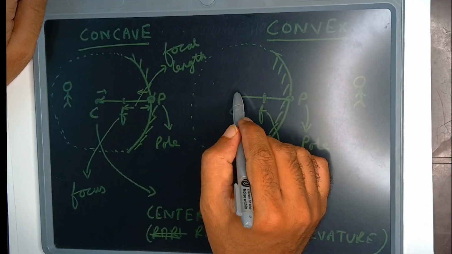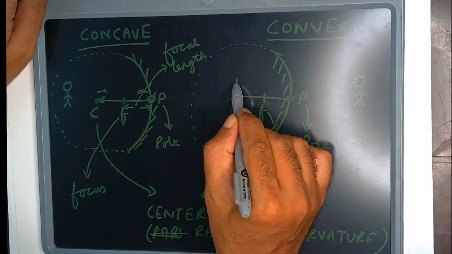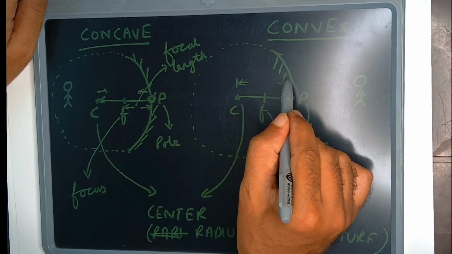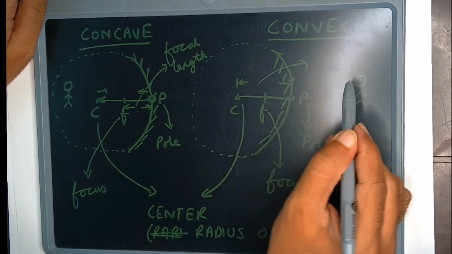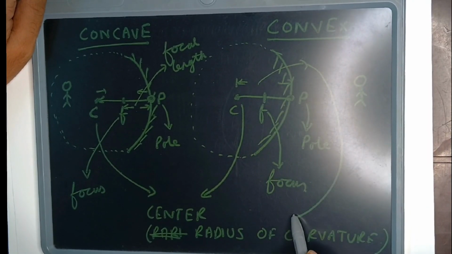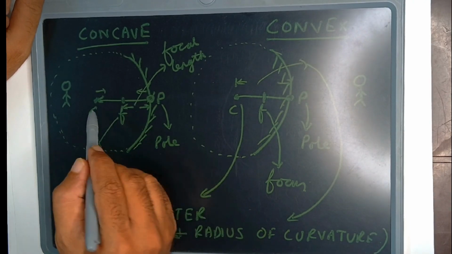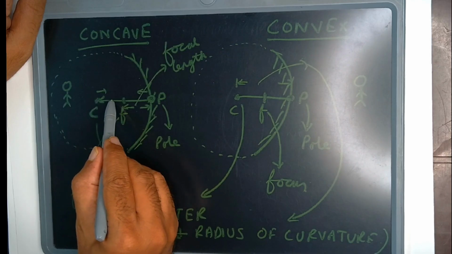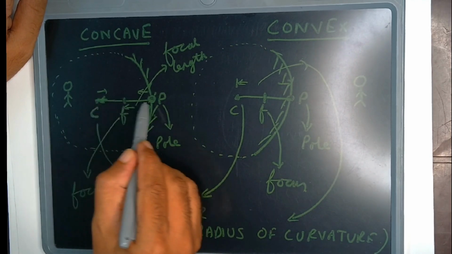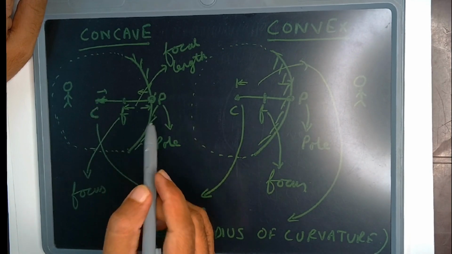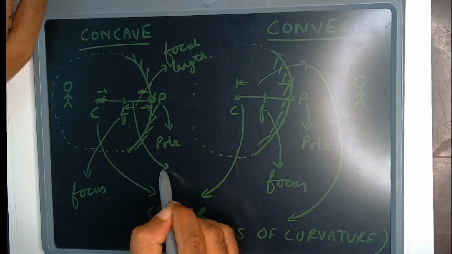And the distance from center to pole is called radius of curvature, right? We already noted it on here. Radius of curvature, right? And this line here, which joins the center of the mirror and the pole of the mirror, is called the principal axis, PA.